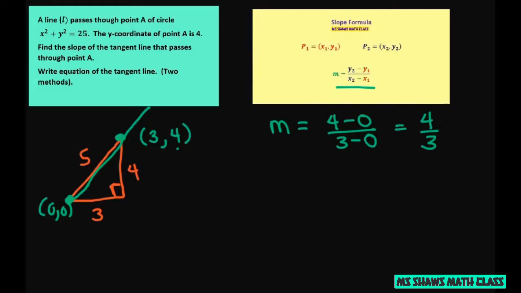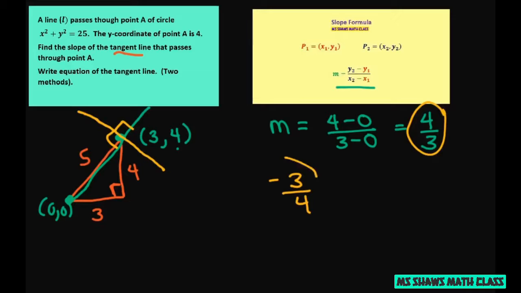So for your tangent line, which means perpendicular, that means this has to be perpendicular to this line. That means it's 90 degrees either way here on all sides. That means you do the negative reciprocal. So all that means is you take this number and flip it around, and it's positive, so now we're going to make it negative.